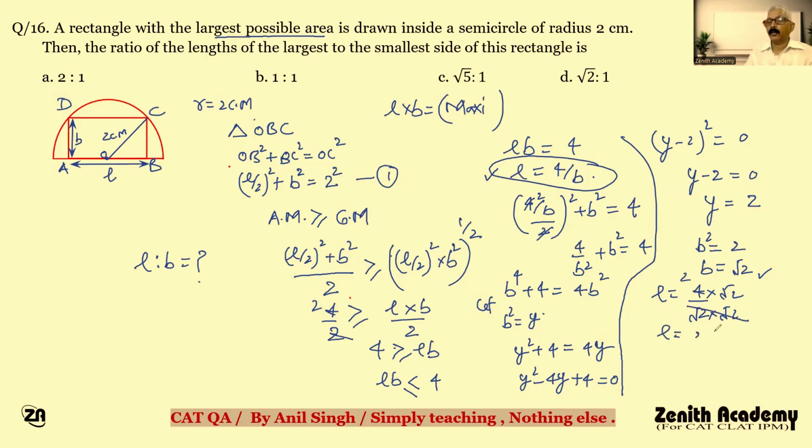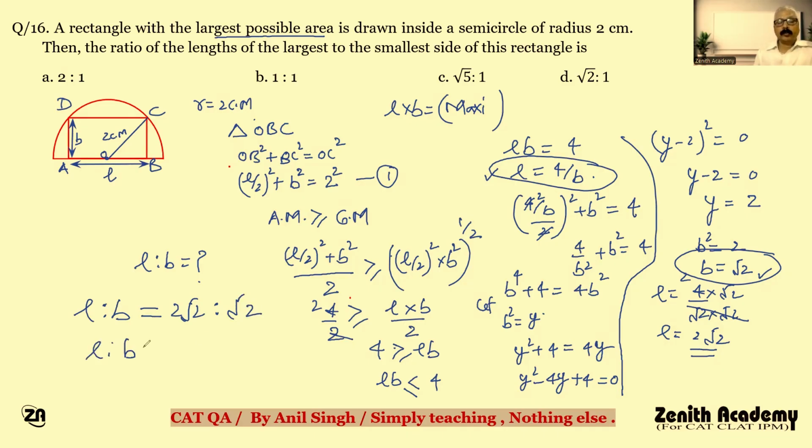L is coming to 2 root 2, and B is root 2. So the ratio between L and B, L is to B, L is 2 root 2 and B is root 2. L is to B is going to be 2 is to 1. Answer is this.